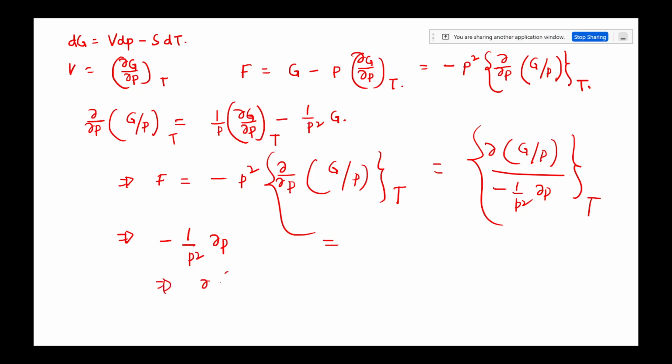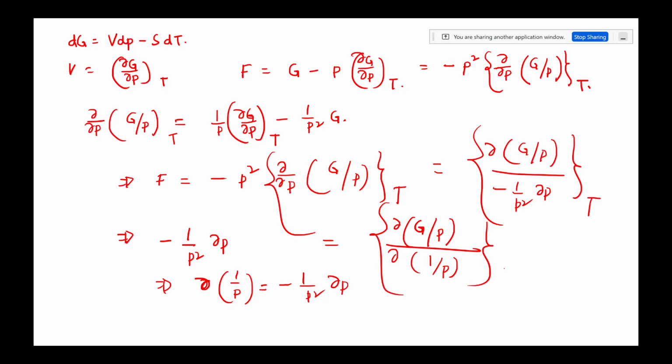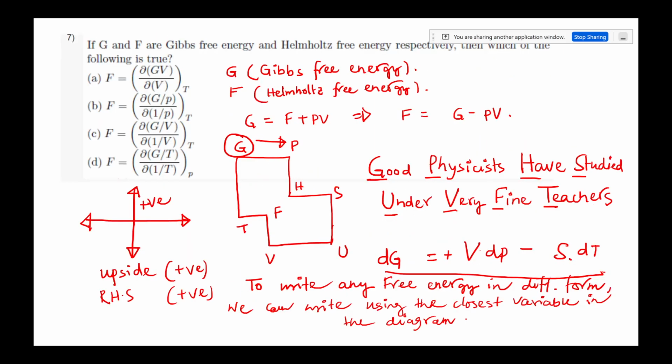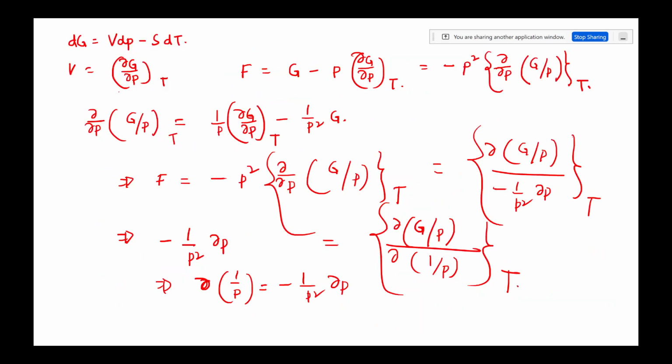If we write d of 1 by P, what is this? Delta of 1 by P is minus 1 by P square del P, that is precisely this here. So you can write d of G by P over delta 1 by P, keeping T constant. So this is the correct option, this one: d of G by P divided by delta of 1 by P at T. Okay, so let me go to the next problem.